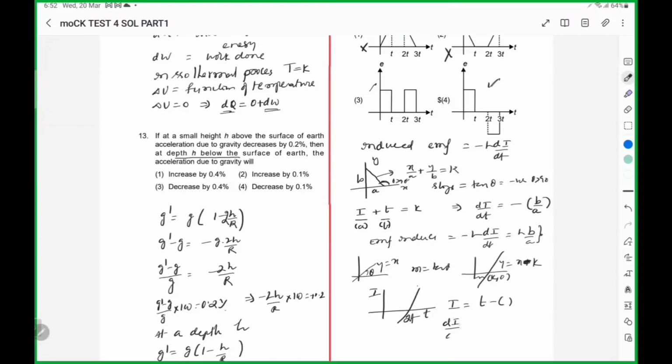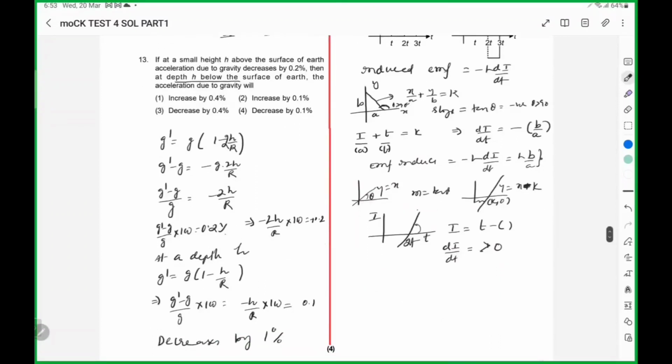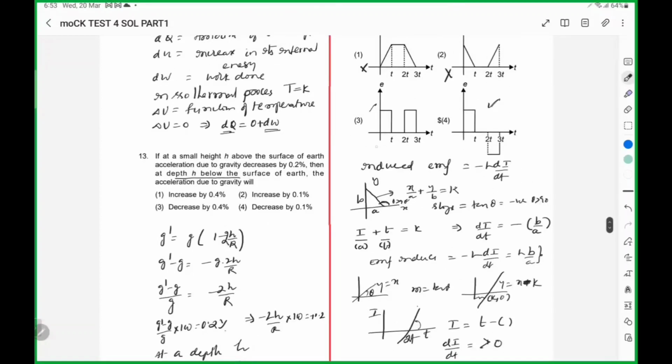So di by dt is nothing but the slope of this, positive, right? So now EMF induced is minus L di by dt. Minus L di by dt is positive, that means EMF induced is negative. So this can be the graph among the four options. Here EMF induced is constant and negative.